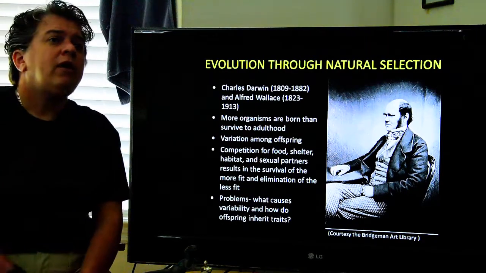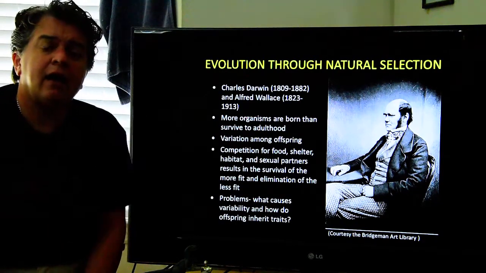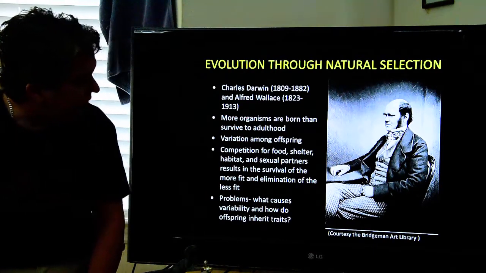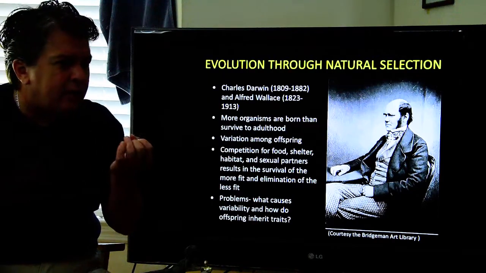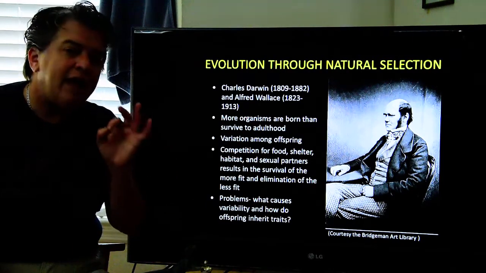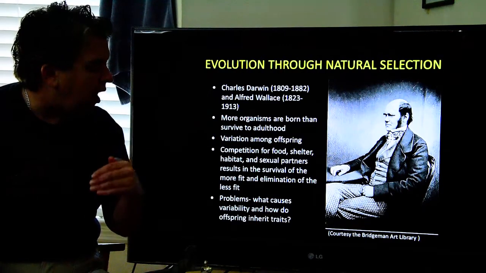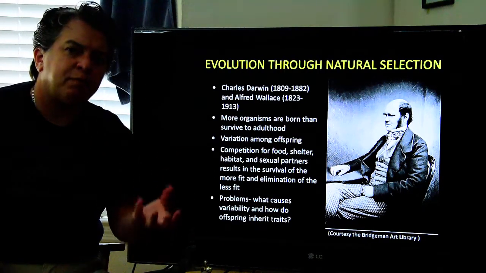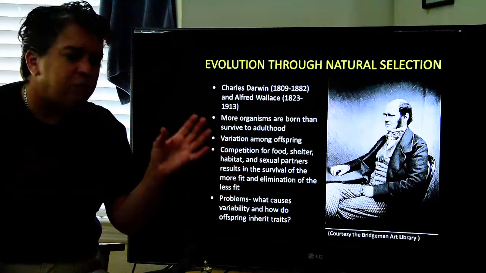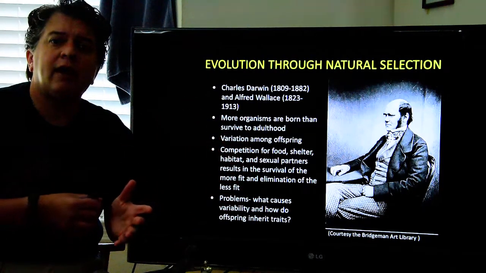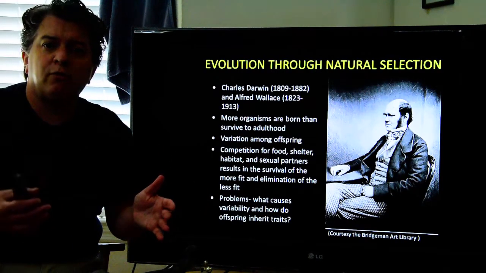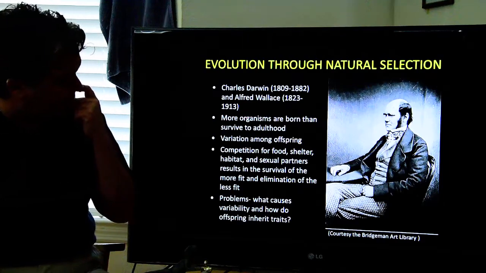Now, Darwin did recognize that he had the same problem, though, that Lamarck had. He didn't know quite what caused the variability, and he didn't know why or how the offspring inherited traits, because this was before we really had a concept of genetics and genes and chromosomes and all of that sort of thing.